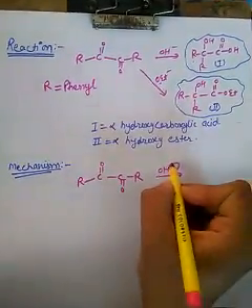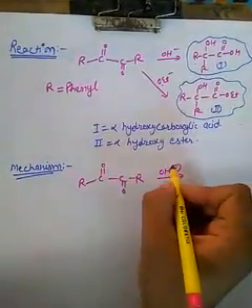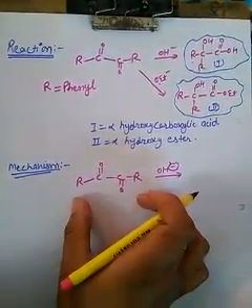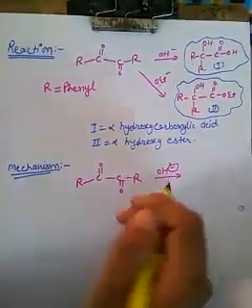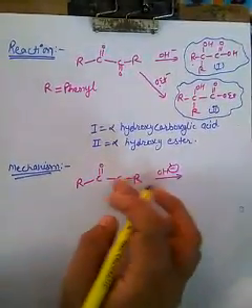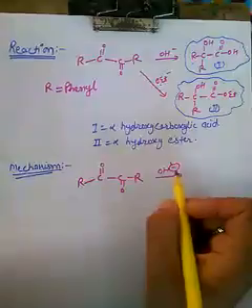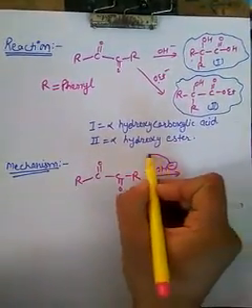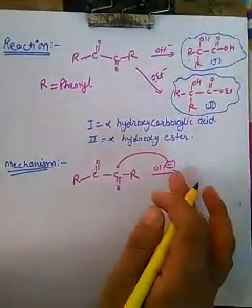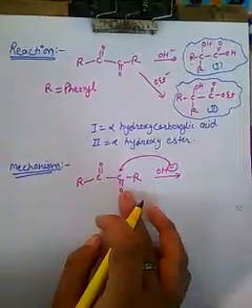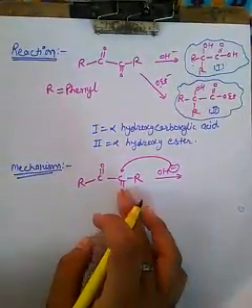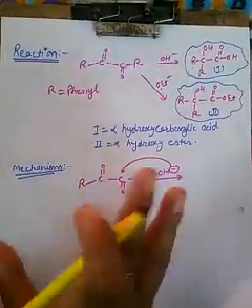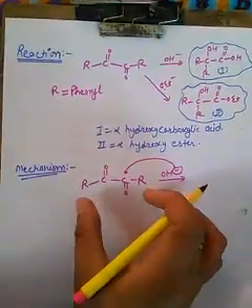So base attacks the symmetric diketone. Both carbonyl carbons are electrophilic in nature, so the base, acting as a nucleophile, attacks either carbonyl carbon, as this is a symmetric diketone.